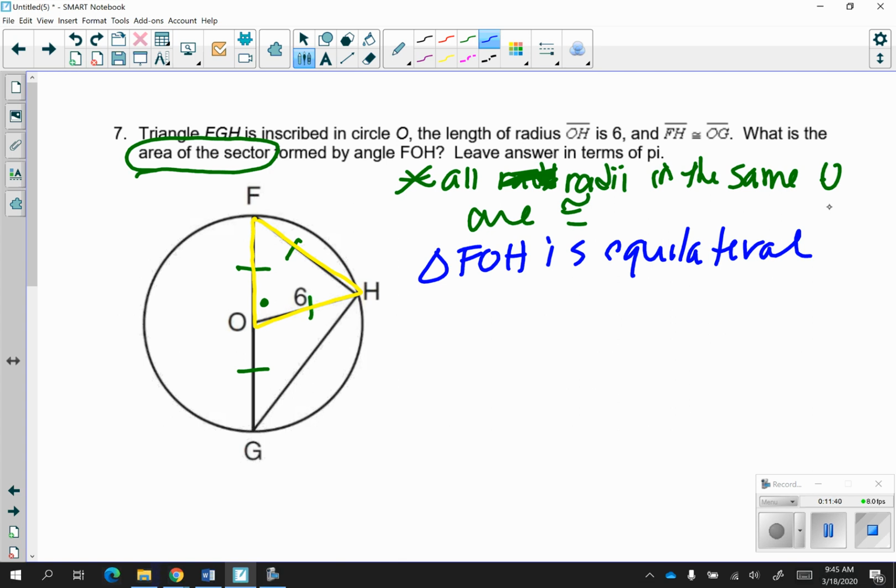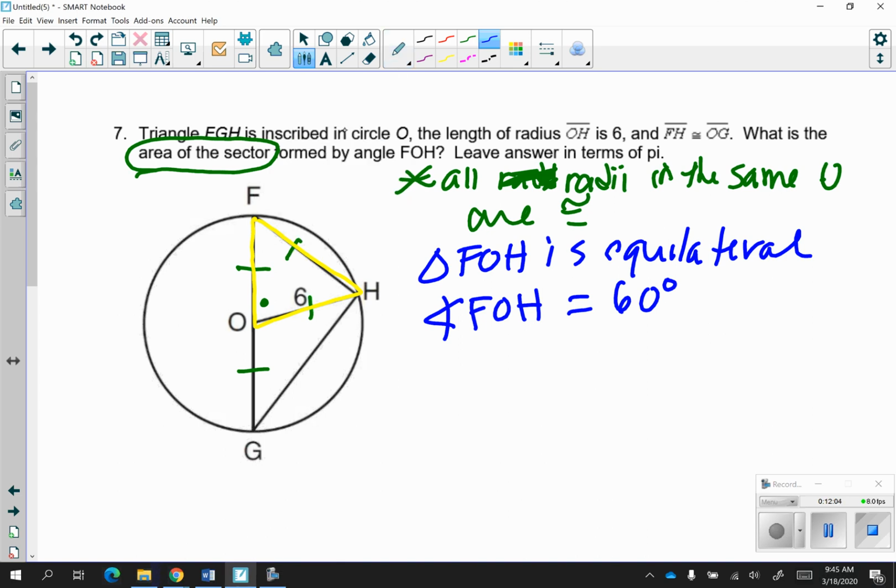Did you answer 60 degrees? So now we know that angle FOH is equal to 60 degrees. We didn't answer the question yet.